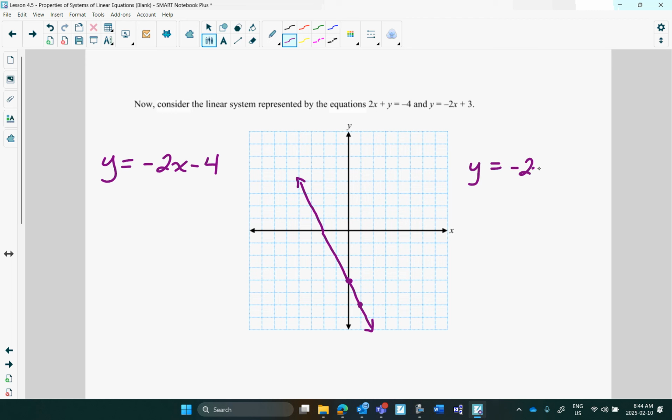Now this one's already in slope-intercept form, y equals mx plus b form. What's the y-intercept? 3. What's the slope? -2/1.